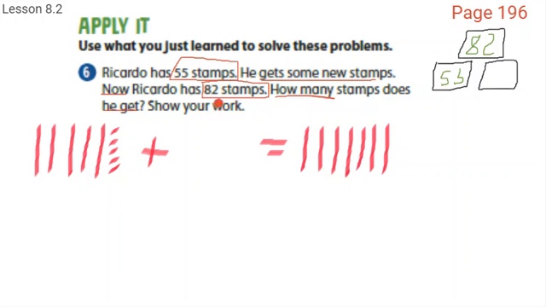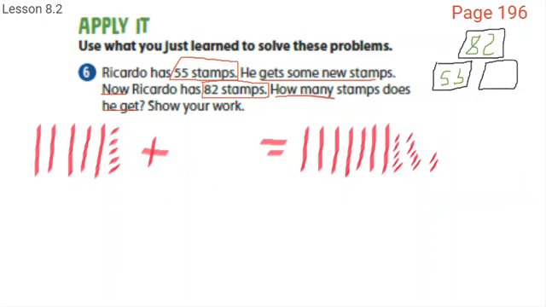So 12 ones. Let's look at that. 1, 2, 3, 4, 5, 6, 7, 8, 9, 10. So that's 5 and 5 make 10, 11, 12. So 8 tens, and then 2 ones, it's 82. Okay.